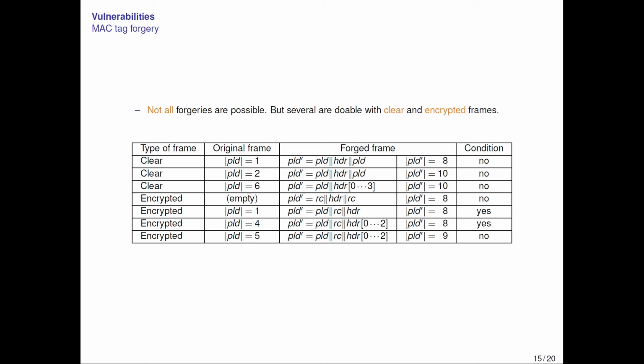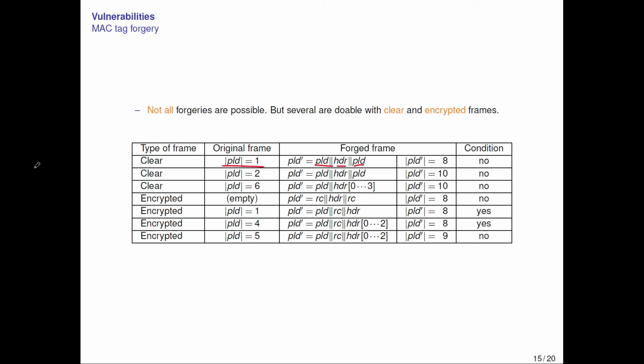Nonetheless, a lot of forgeries are still doable with clear and encrypted genuine uplink frames. For instance, if one considers a clear frame transporting a 1-byte data, one gets a valid forged frame by merely concatenating to the original payload the header followed by the payload again.